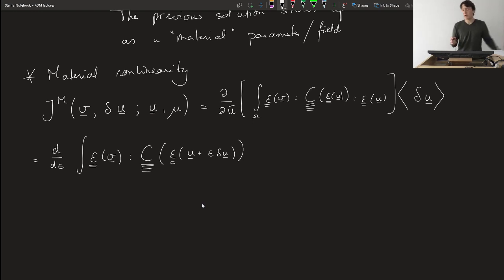Sometimes people refer to this del as a small increment. I feel that's a little vague, so I'm specifying the length of my increment with this epsilon specifically. Again, double contracted with the strain acting on u, but also with this increment. And we're doing this as epsilon limits to 0, that's the way that we write that out, so this is evaluated at epsilon equal to 0.